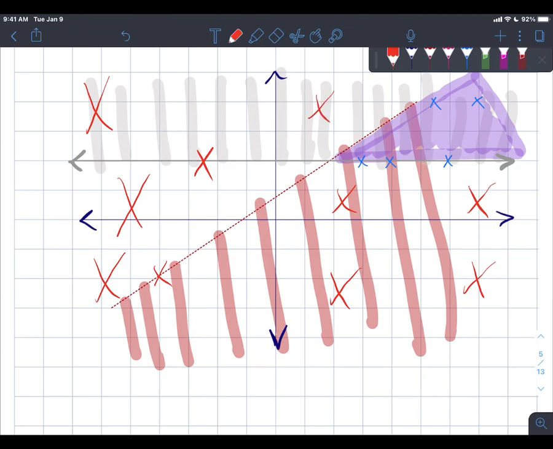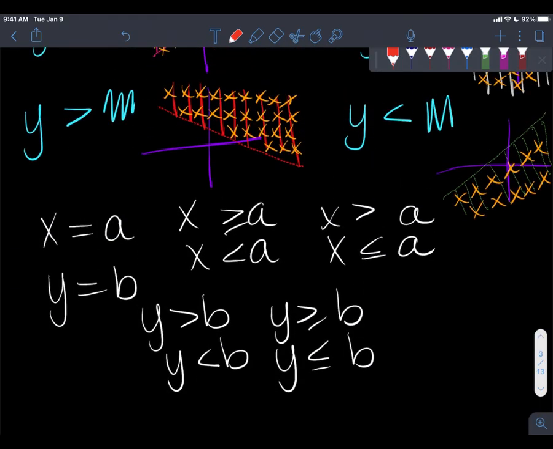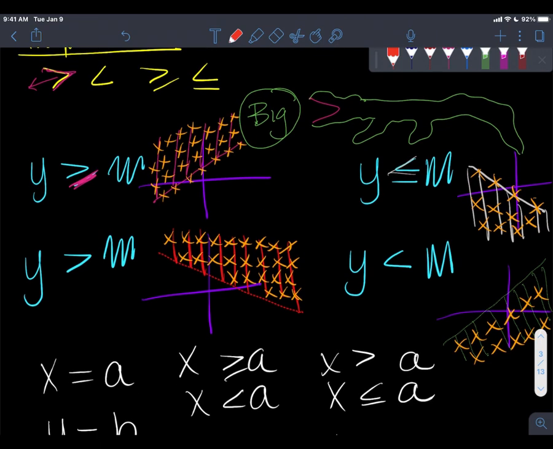All not solutions, okay? So, now back to these graphs up here. The way that you should graph these always is to pretend like they're y equals mx plus b and graph it just like a normal line and then decide if it is solid or dashed. And then shade up or down depending on if y is smaller or bigger.